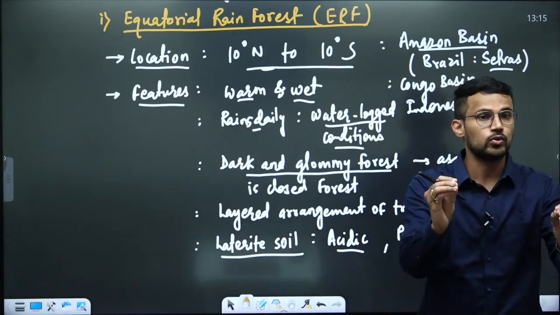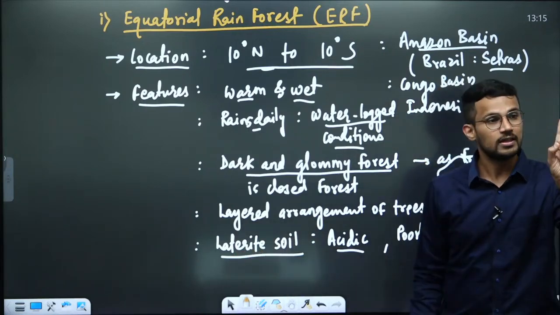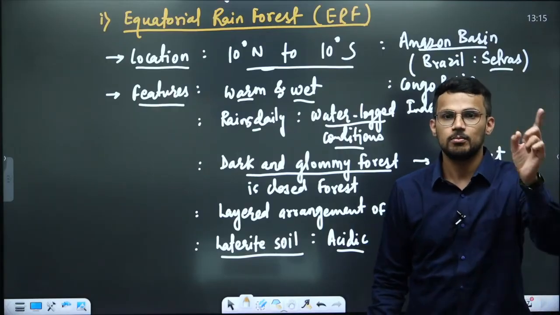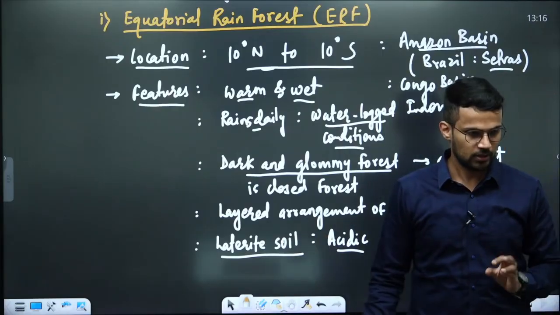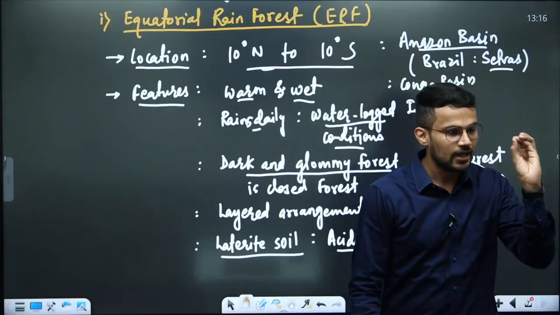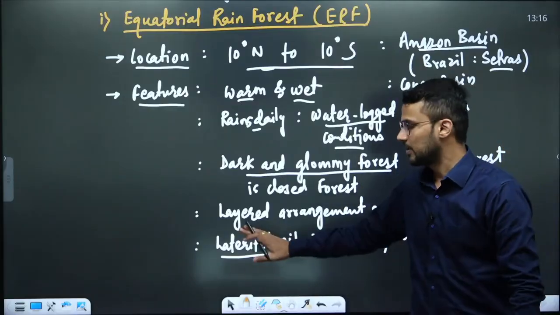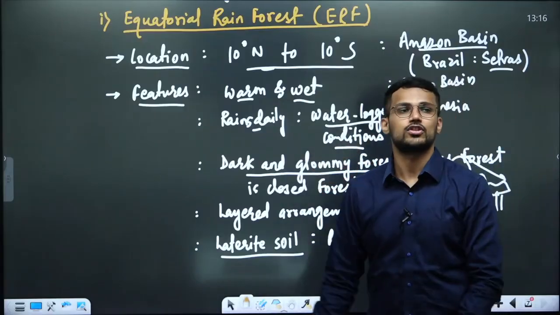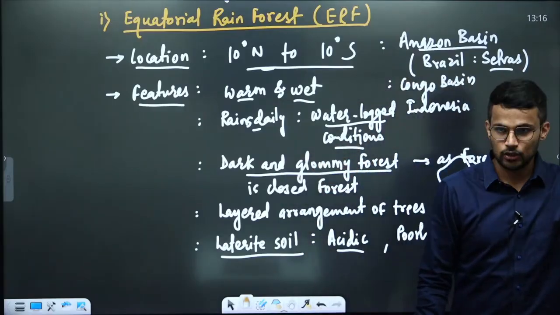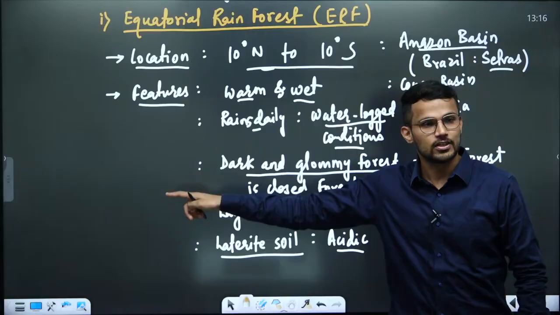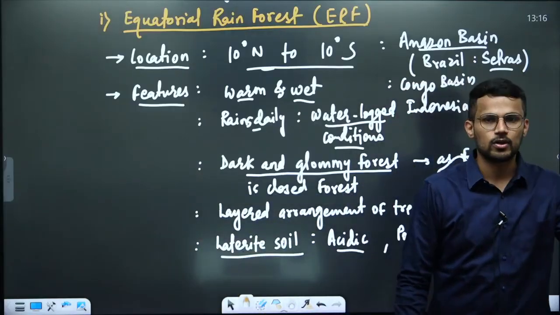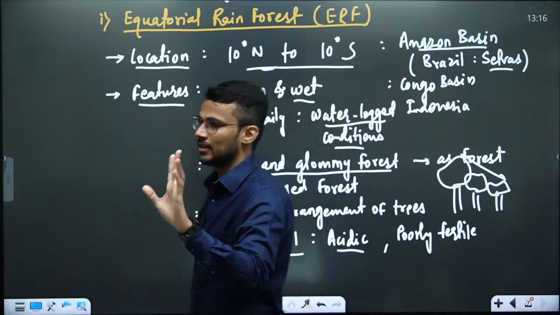Why are they removed? Because of the process of leaching, right? But what remains makes this soil laterite soil, right? What remains? Iron and aluminium remain in this soil. And that process where there is accumulation of iron and aluminium is called laterization. So why is this soil getting formed? It is formed because of leaching and laterization, right?